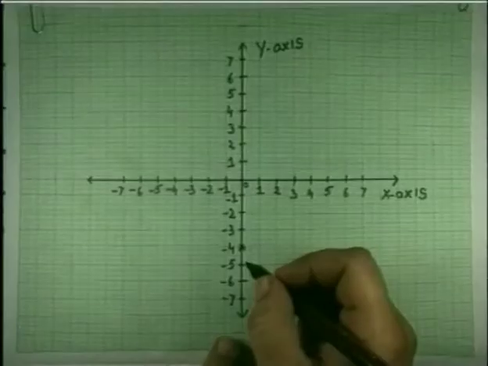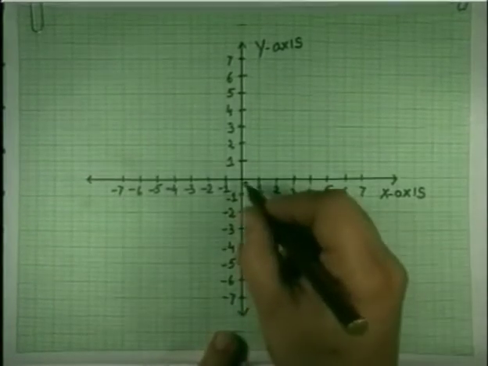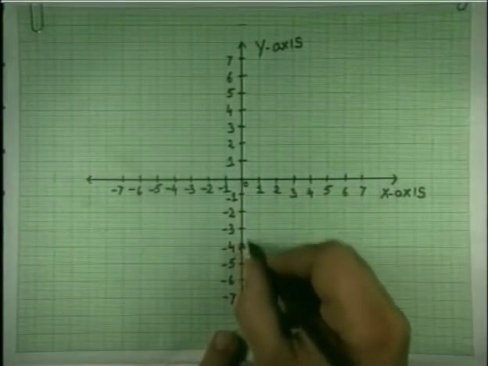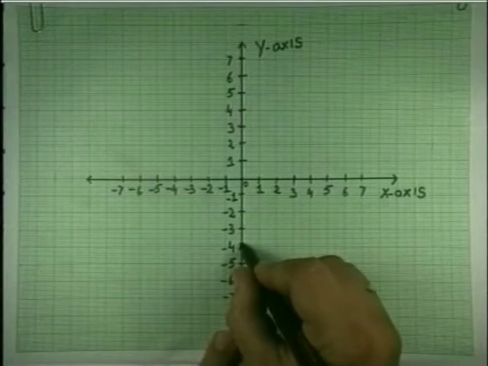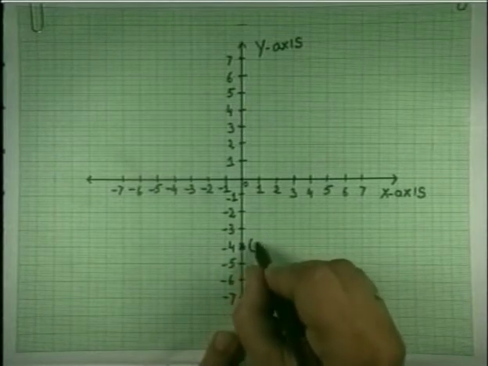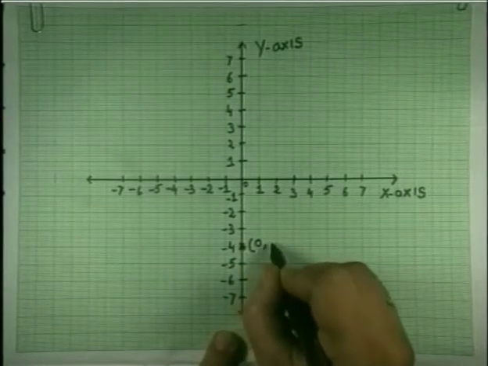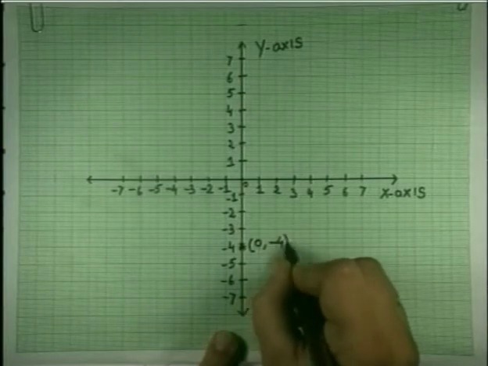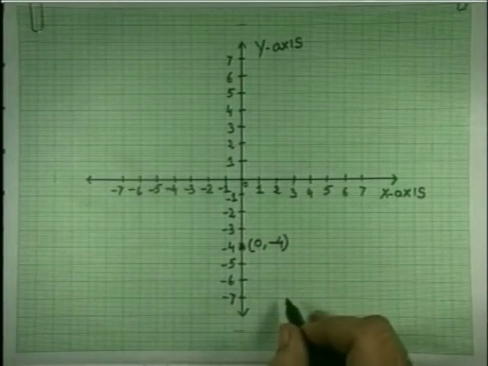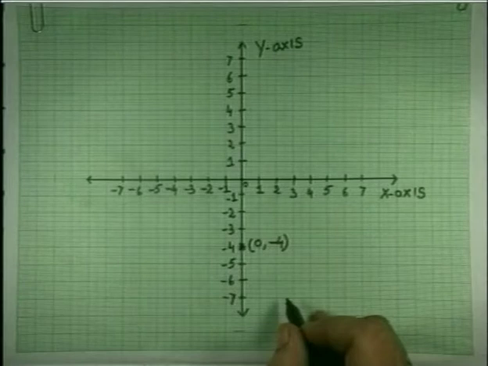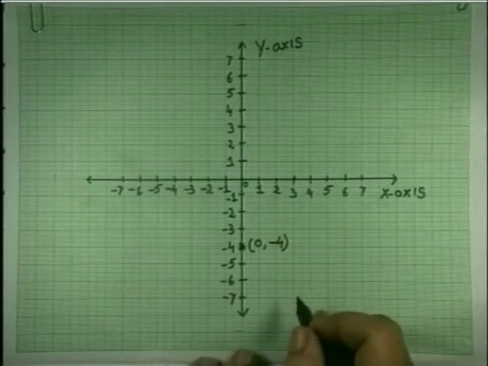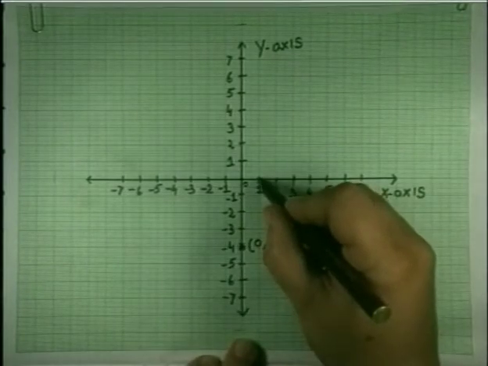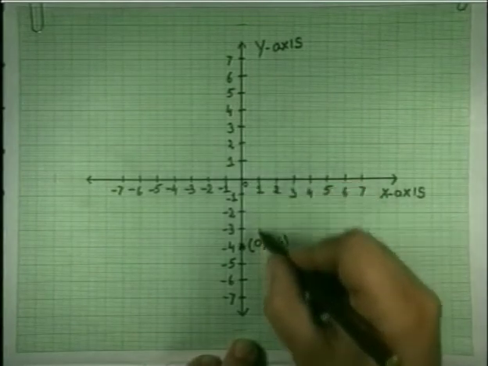So let us plot the points now. First point we plot is 0, minus 4. So this is the point, and we write here 0, minus 4. Second point is 1, minus 6. This is your 1, y-axis minus 6.